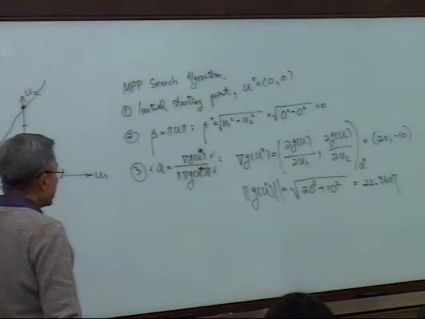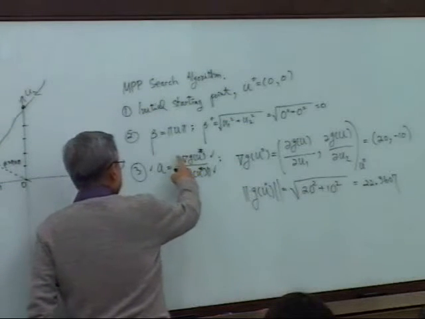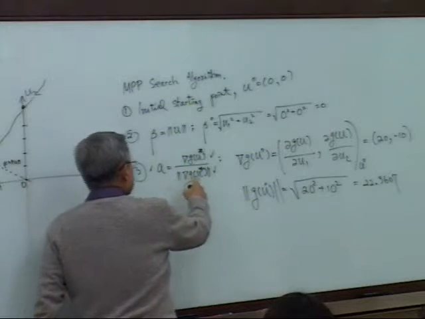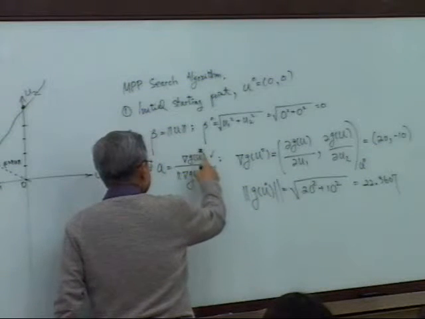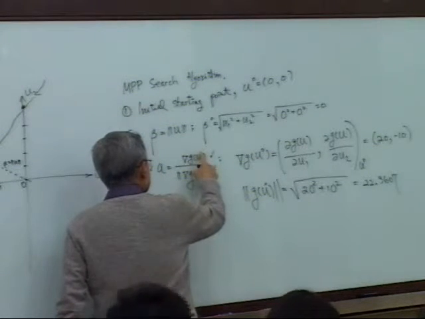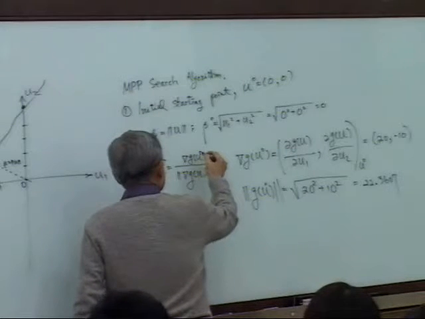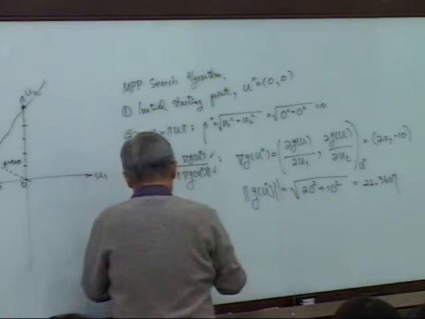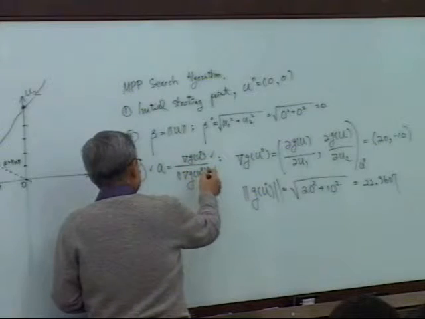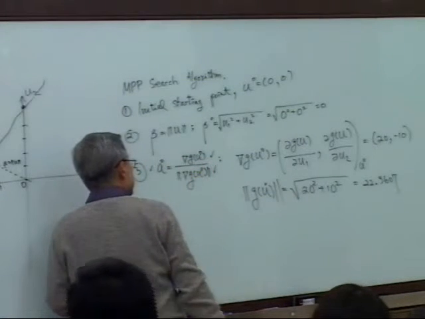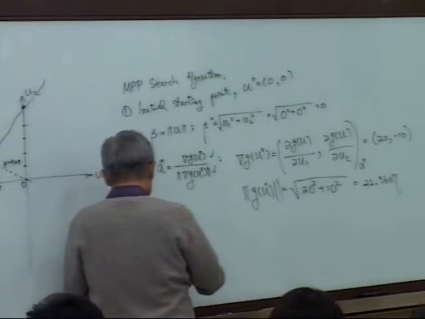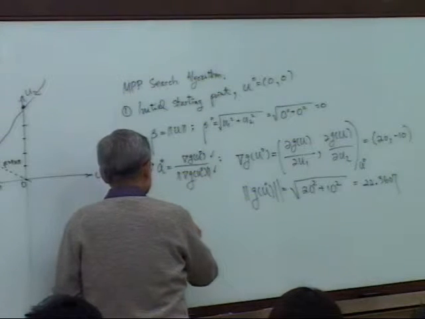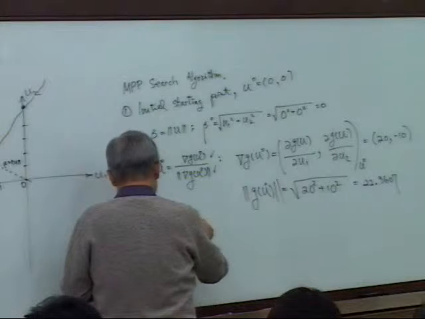Okay, so now we get this component. Here I'm going to replace properly. This is not yet u star. If it's u naught, this should be A naught. So then you can get the A naught.